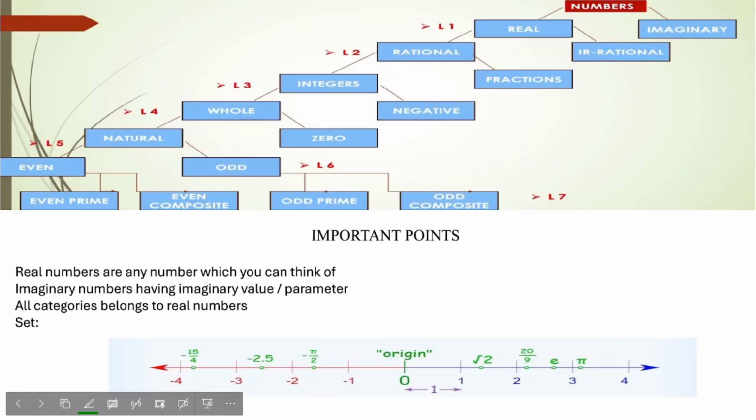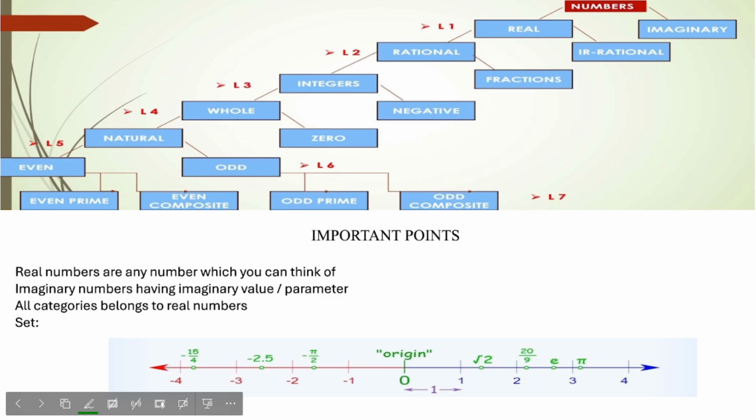So here are some important points at the end of all 7 levels of discussion that you need to take away. First, real numbers are any number which you can think of. And that is true because imaginary numbers are a very small section. They are also a part of real numbers, but just an imaginary parameter is added, which is iota.